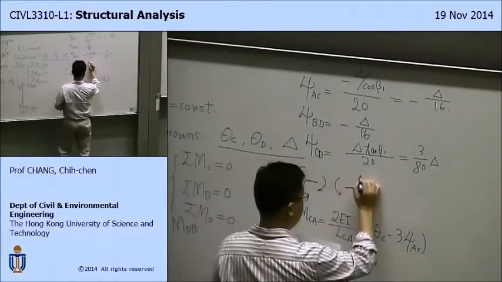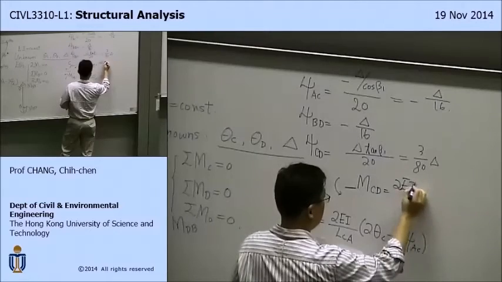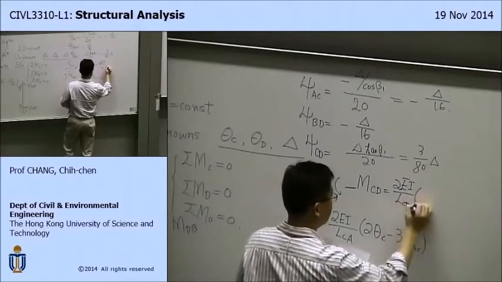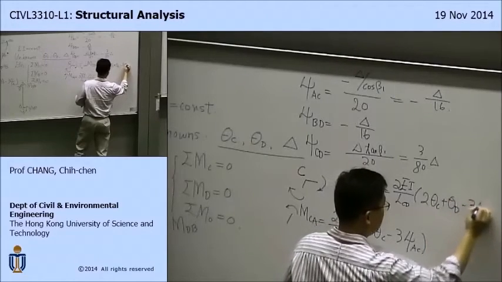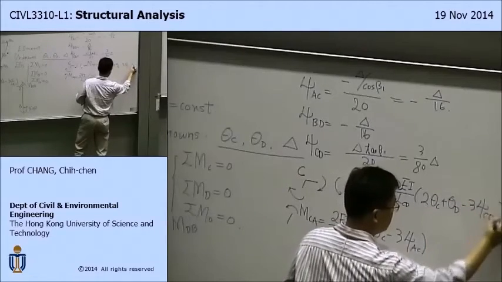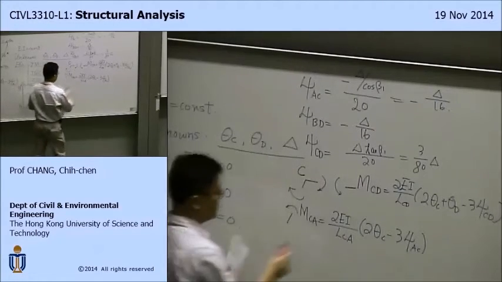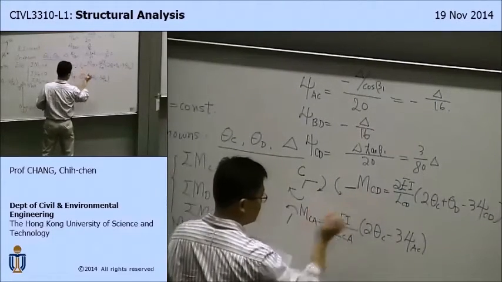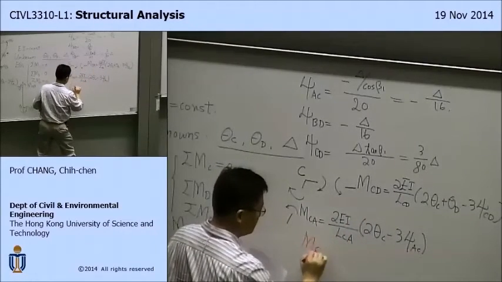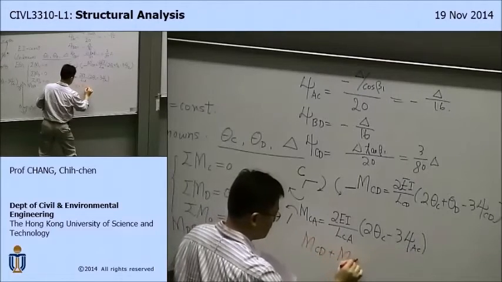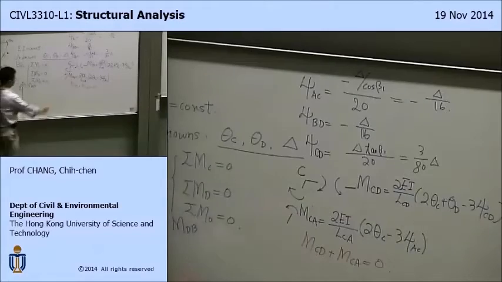And this is MCD. 2 times EI, LCD, 2 times theta C, 1 times theta D, 3 times rigid body rotation angle, no fixed end moment. All right, so the joint equilibrium says that this plus that should be equal to 0. So this, that. OK, that's the first equation.